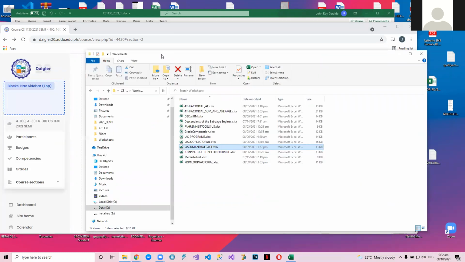The main reason I'm trying to show you this is because I'd like to show you the evolution of programming, different ways of programming from old computers to newer ones.